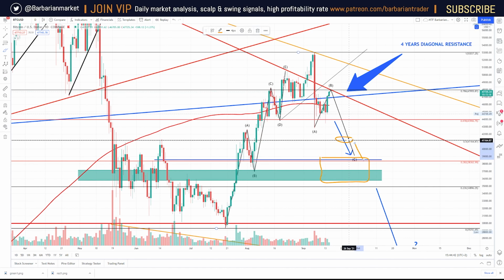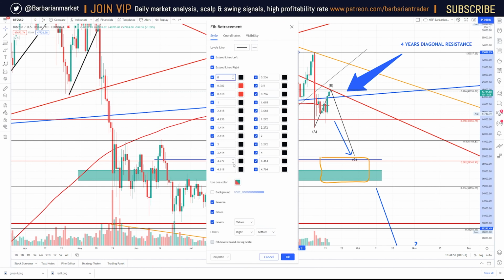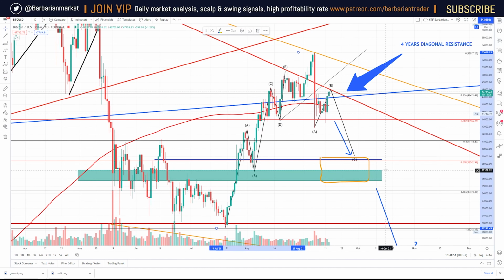In the moment we break 0.5, okay, what we'll do, we'll reverse the Fibonacci chart. So practically we go on Fibonacci, go here, reverse, and there you go. You have the buying area again here, 0.61, right?